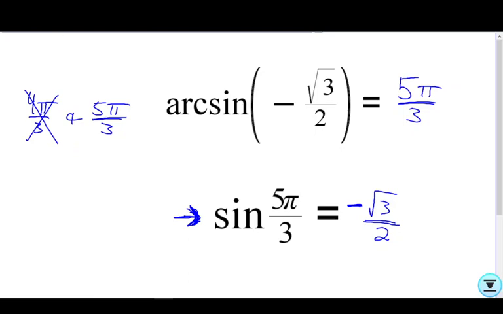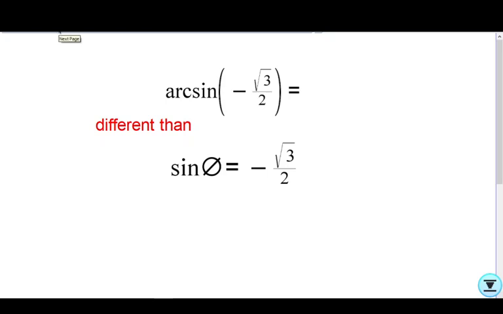So basically that brings us to this point. Eventually we're going to start solving trig equations, which is different than the inverse trig function. This first part we've already done. We know that this is 5 pi over 3. Versus this right here, when we go to solve trig equations, this is kind of like when you solve x squared equals 4. There are two values here.